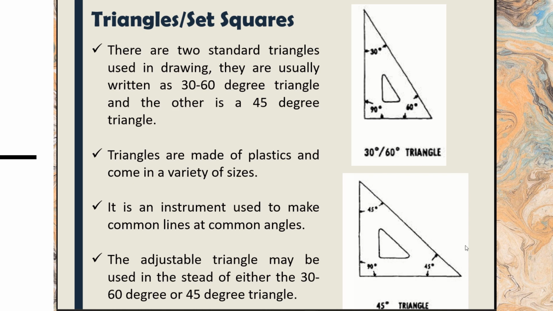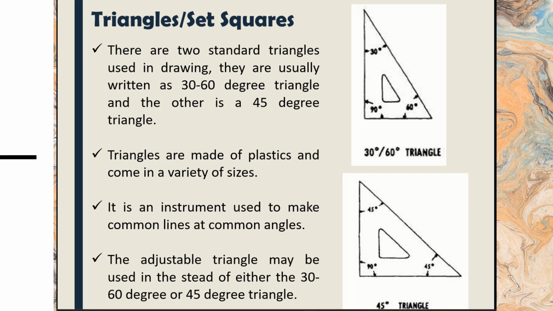The 45-degree triangle has 45 degrees at both angles, while the 30-60 degree triangle has 30 degrees at one end and 60 degrees at the other end. Triangles are made of plastic and come in a variety of shapes. We also have some that are made of metal. I think the one made of plastic is more durable and easy to use.